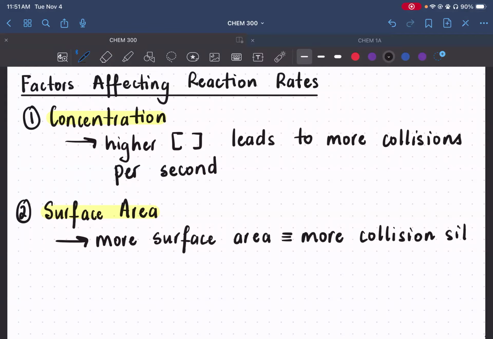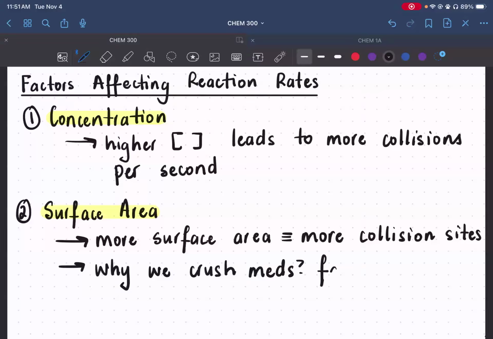More opportunities and locations to collide. The concept behind surface area actually explains why we crush medications. Because they're in theory supposed to lead to faster relief.